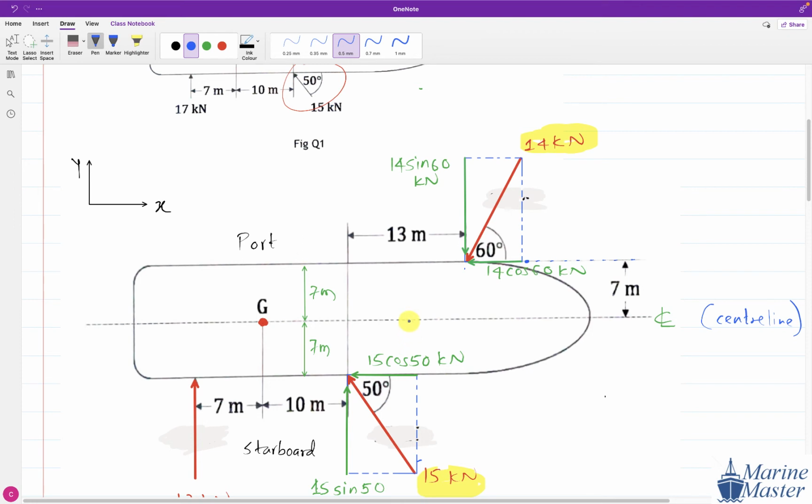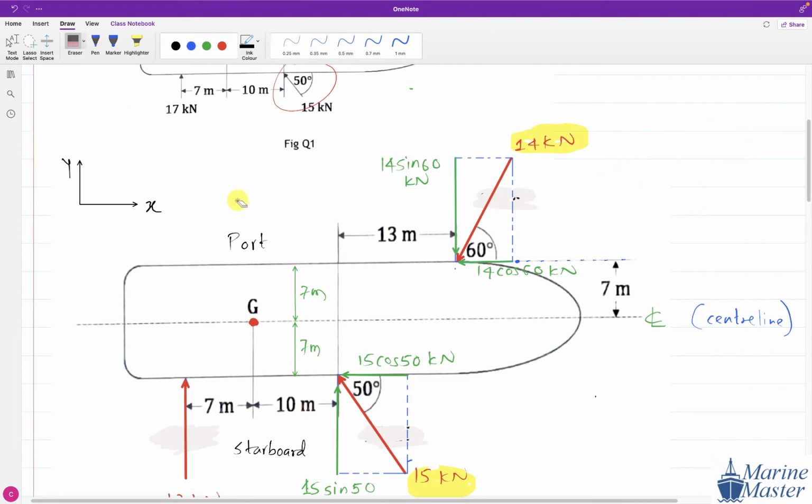Because first time I was looking in a way that 14 sin 60 was behind G, so I thought the rotation was anti-clockwise. Suppose this is our G point and this is 14 sin 60. So the effect will be like this. In which direction? Clockwise.